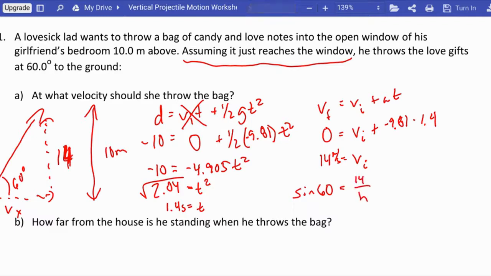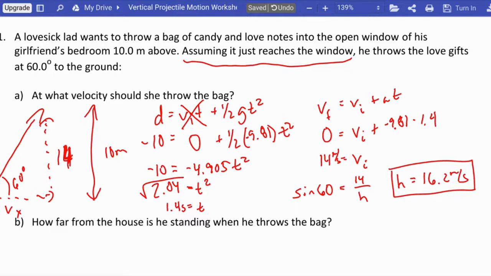I'm going to also call it h. So we're going to do 14 divided by the sine of 60. That gives us a hypotenuse of 16.2 meters per second. And that would be how fast the boy needs to throw the bag to get it into the window.